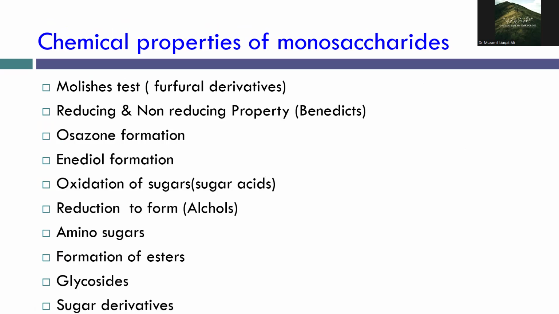Then osazone formation, enediol formation, oxidation reactions, right? The formation of sugar acids, reduction reactions like the formation of sugar alcohols, formation of amino sugars and esters, and glycoside formation. These properties form the basis of classic qualitative and quantitative tests still used in clinical biochemistry laboratories, right?